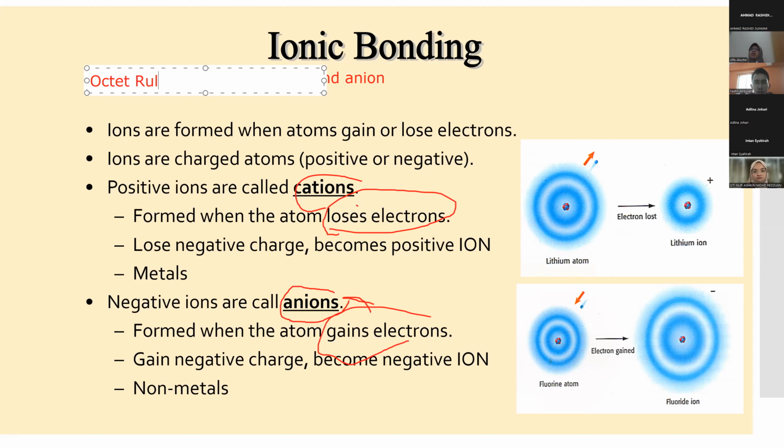The octet rule states that a stable atom has to make its electron configuration similar to the noble gas, or have equivalent valence electrons. To be so, the atom can lose or gain electrons. When it loses electrons, it becomes a cation. When it gains electrons, it becomes an anion.